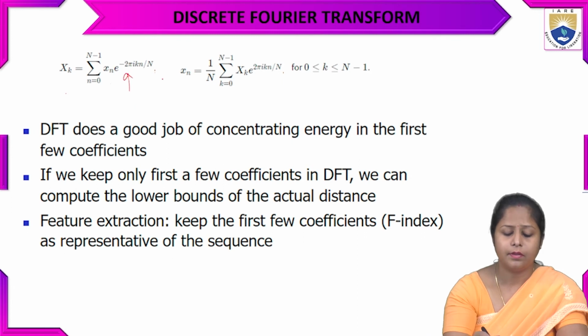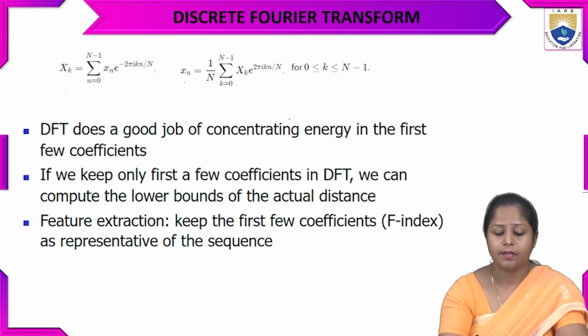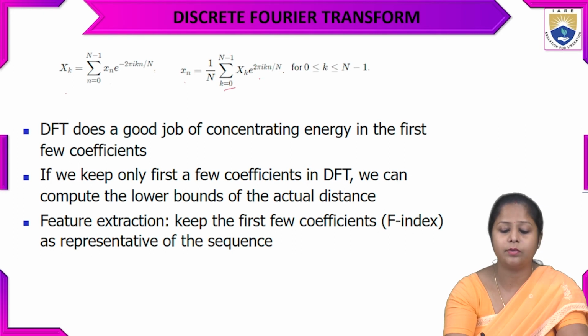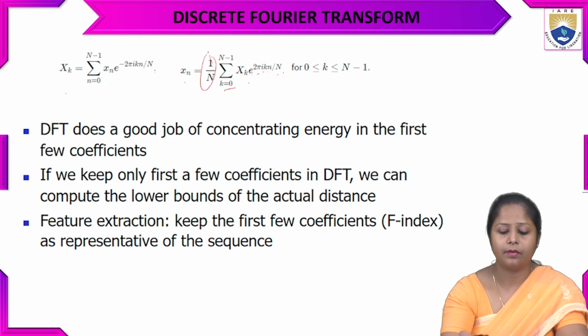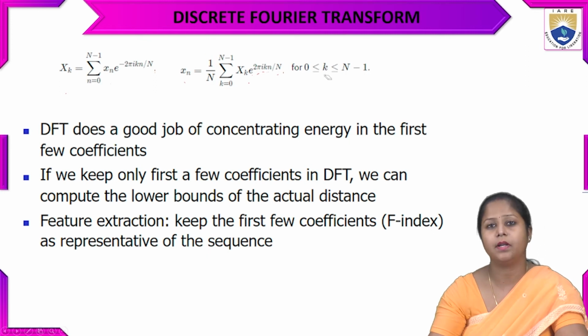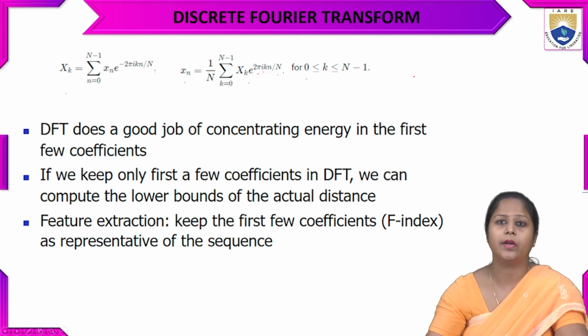So this is for the even type of data. In the next formula we are having x n equals 1 upon N, summation over k from 0 to N minus 1 of X k e to the power 2 pi i k n divided by N. Here we have added the 1 upon N. This is for 0 less than or equal to k less than or equal to capital N minus 1.